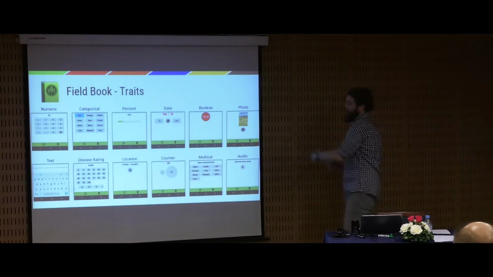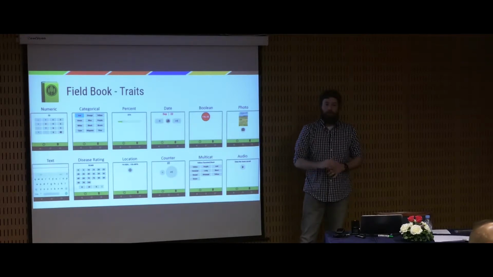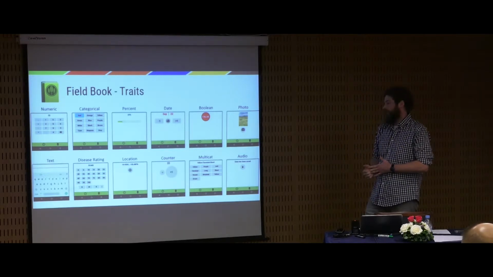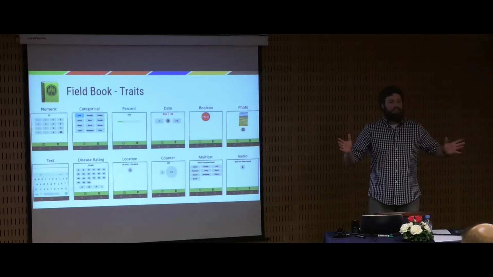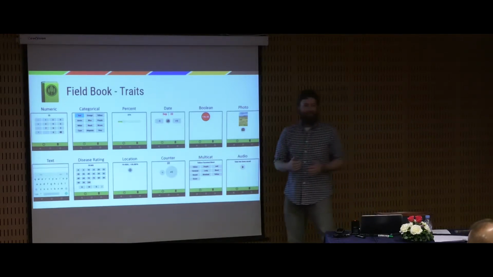On the second row, we have a text trait, which just shows a text keyboard, simple kind of notes approach to taking data. We have a disease rating trait, which is also target audience for once. No one is ever the target audience for this trait.